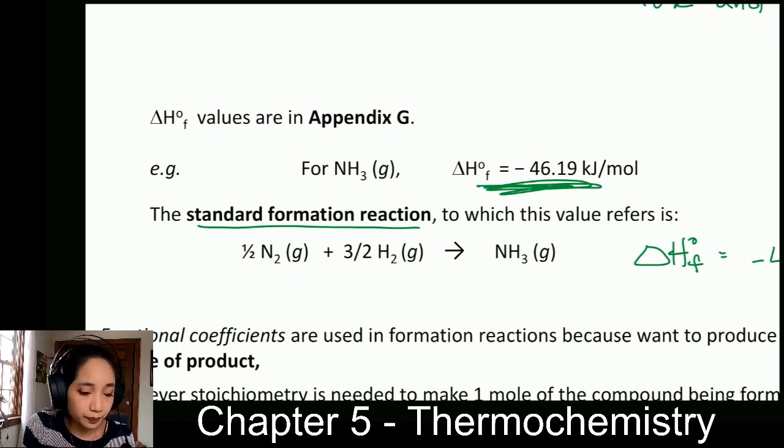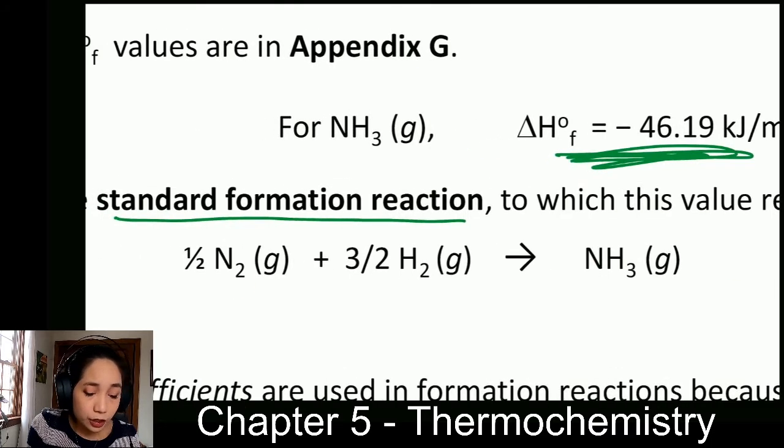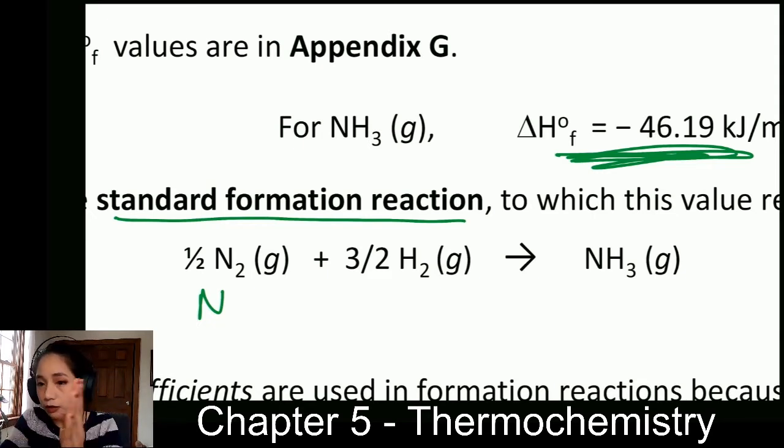But you note here that there's only one nitrogen in the chemical formula. But in nitrogen gas, there's two nitrogens. So we have to put a 1/2 coefficient to make sure that there's only one nitrogen. So it's balanced essentially.